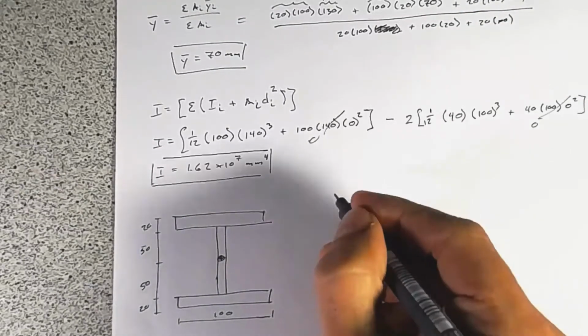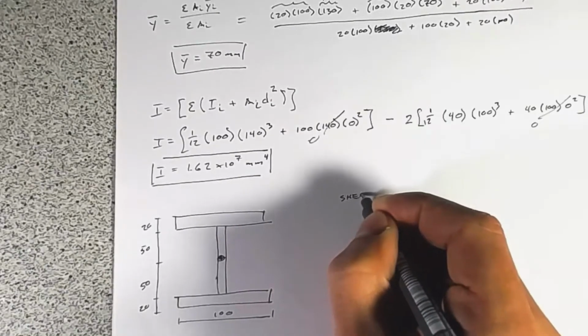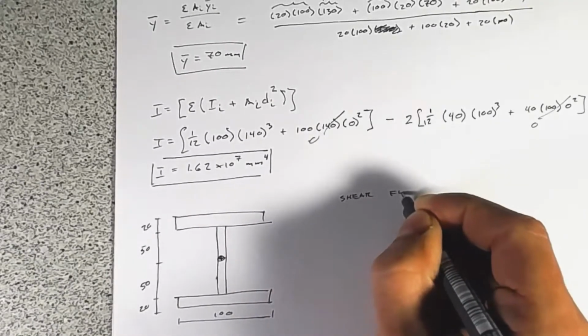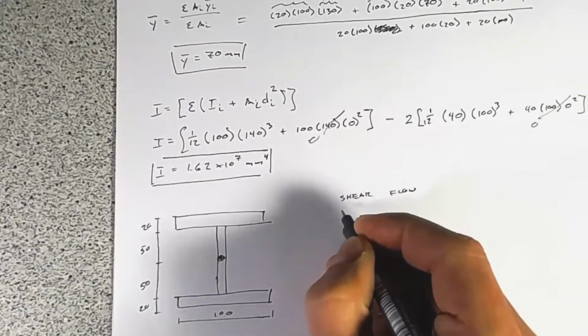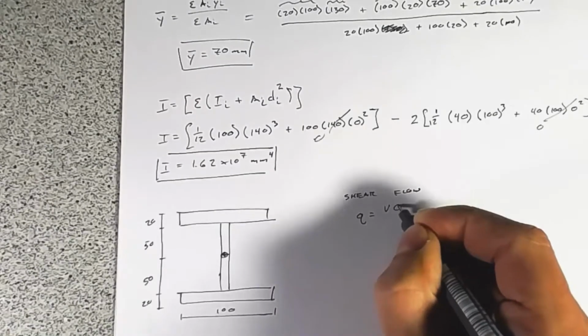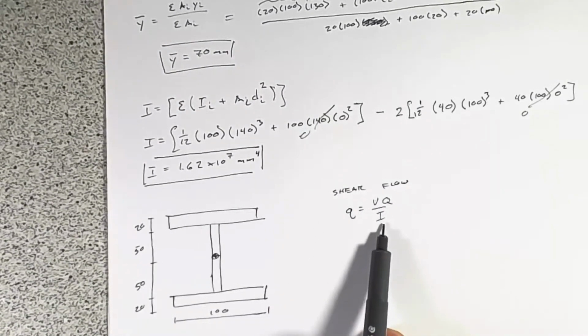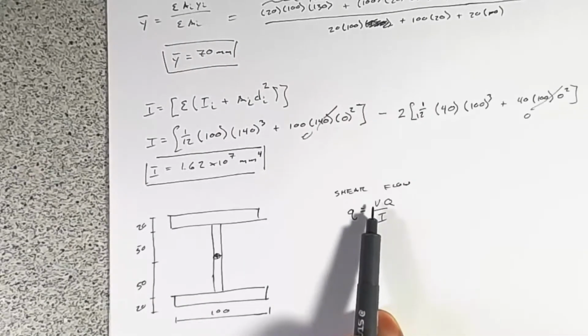So if our shear flow equation is q equals VQ over I. We have V, we have I. So V was given to us as 500 newtons.